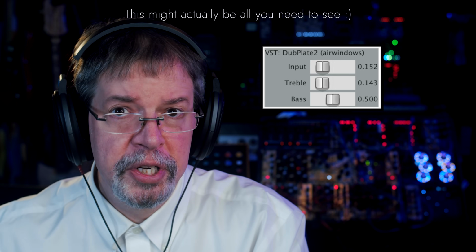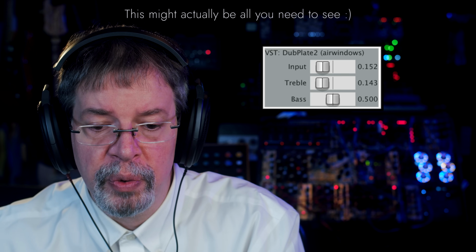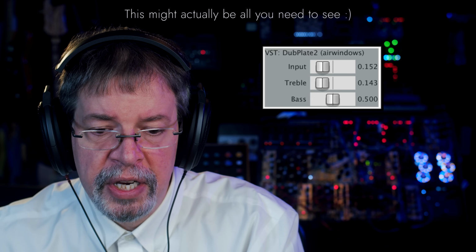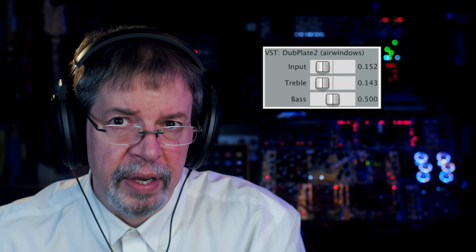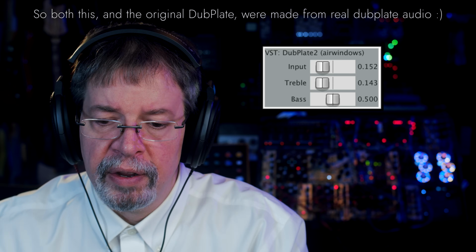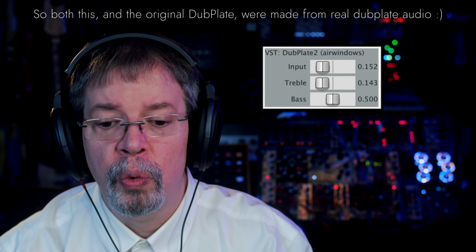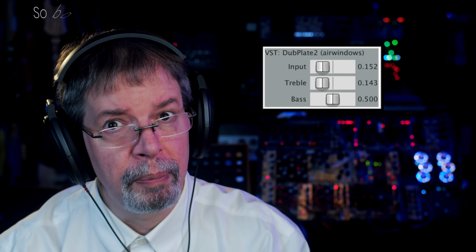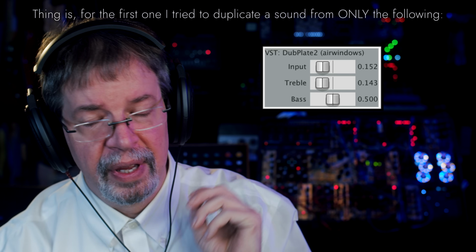So here's the deal. The original DubPlate was a good solid try for what I was doing. I took what was essentially a CD quality track that I was given for reference purposes and made a faceless, no control plugin for turning it into what the actual DubPlate was that was made from it. There's a catch.